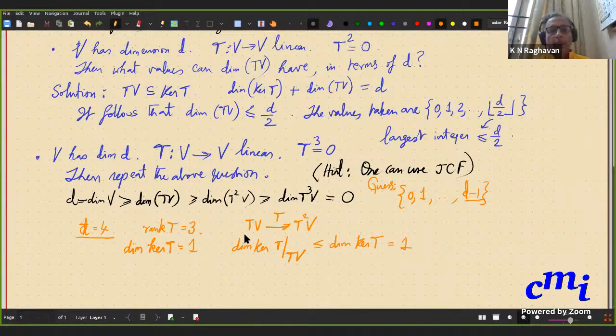So this kernel, from here to here, is at most 1.